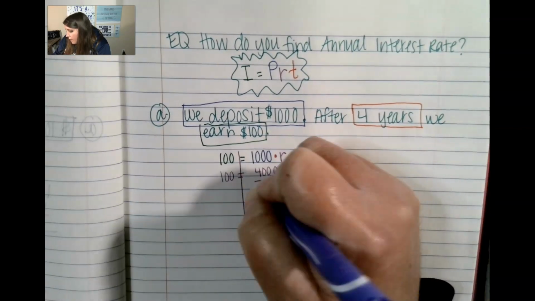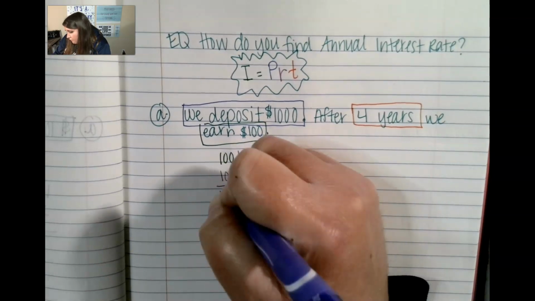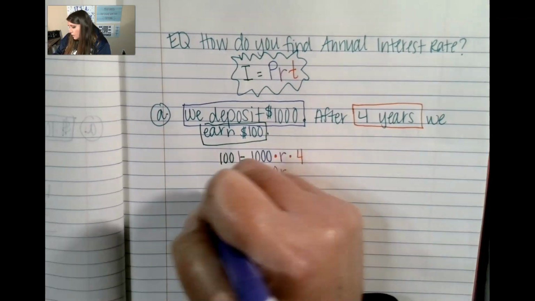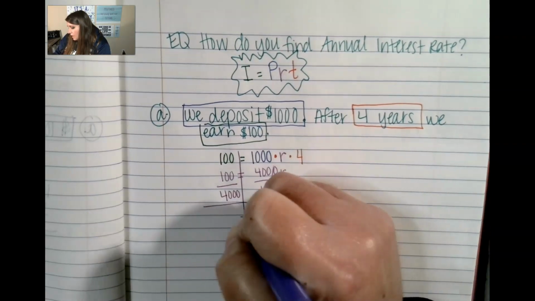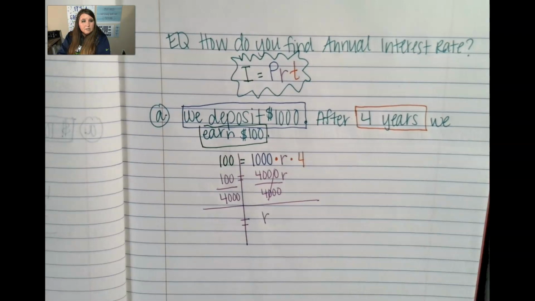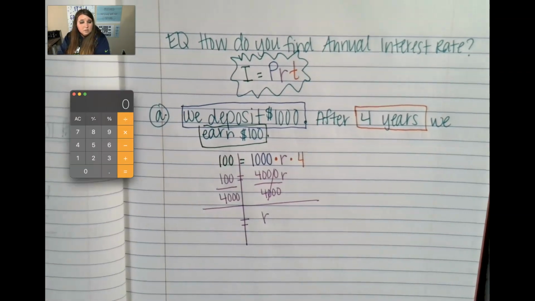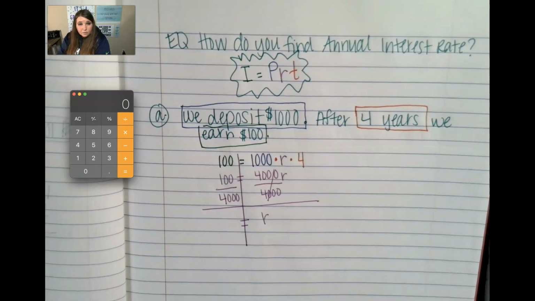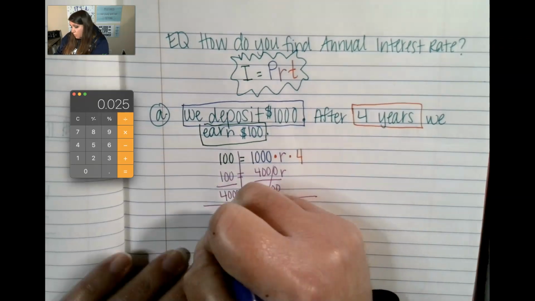We're going to divide by 4,000 on both sides. This cancels here and gives us R equals, and our job is to figure out what R is. You can cross out zeros if you want, but we have 100 divided by 4,000.